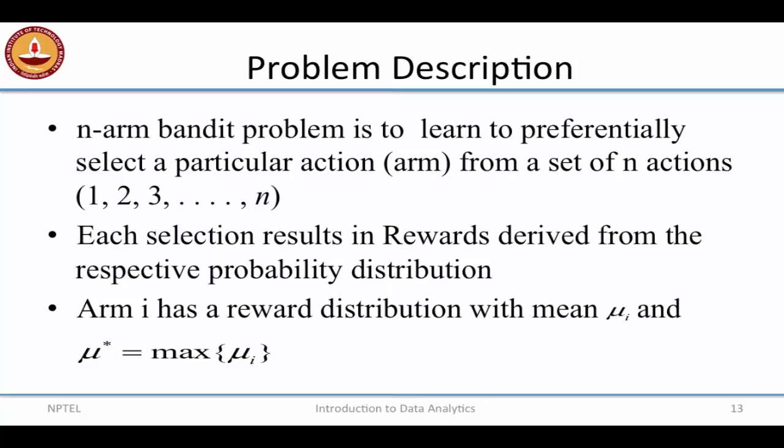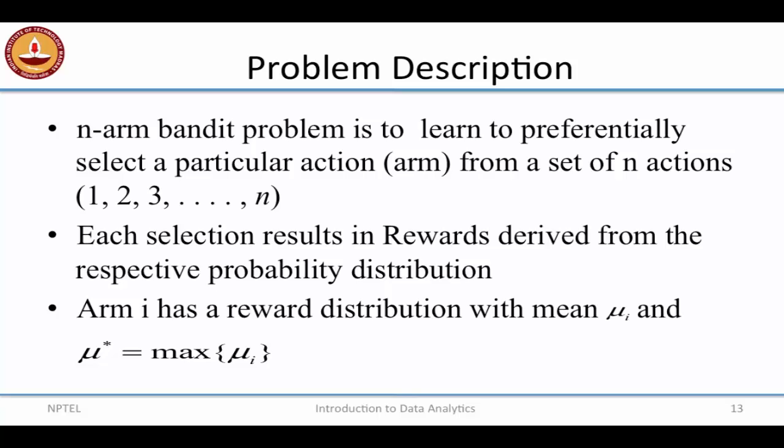Just to recapitulate, the main problem description is that you have n possible actions, and the learner has to preferentially select a particular action so as to get as much reward as possible.